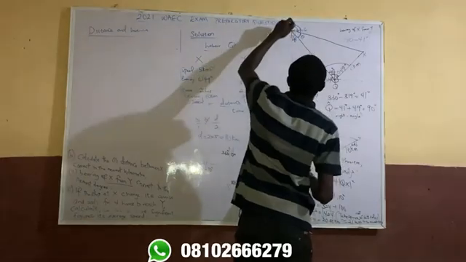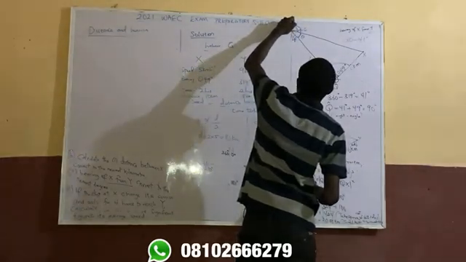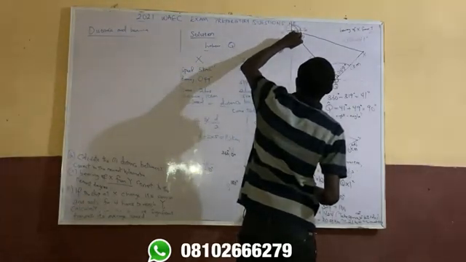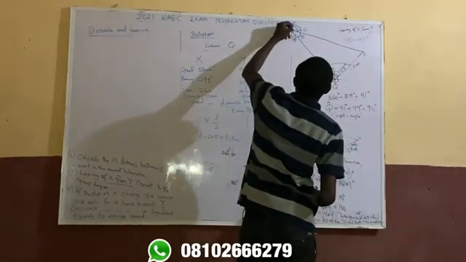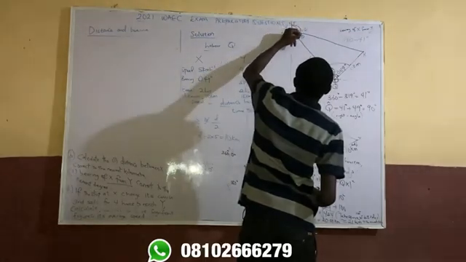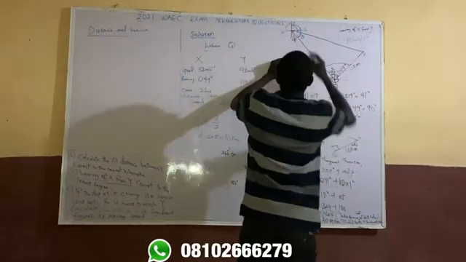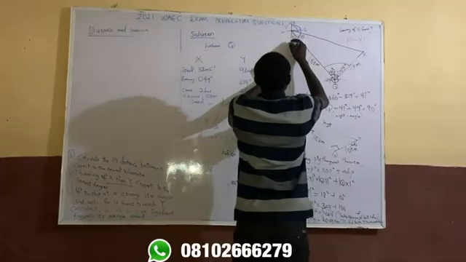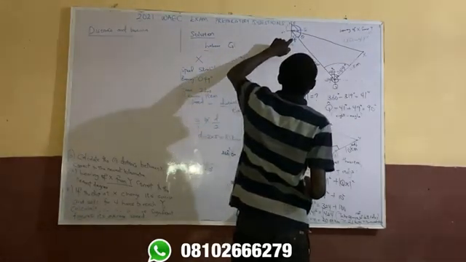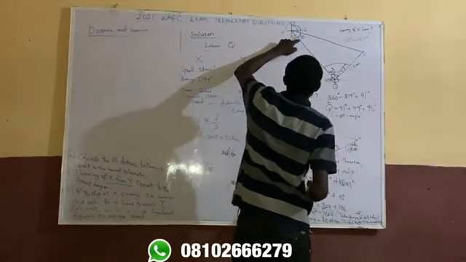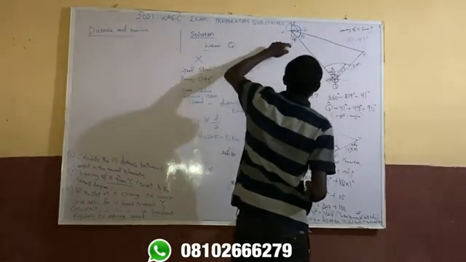What do I mean by that? You can obtain this angle by removing 41 from 180, because here to here is 180 degrees. Very interesting. Then to get the angle from here to here, we are going to remove 41 degrees from 180.